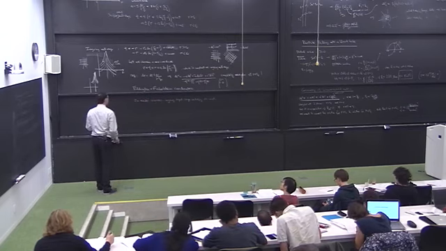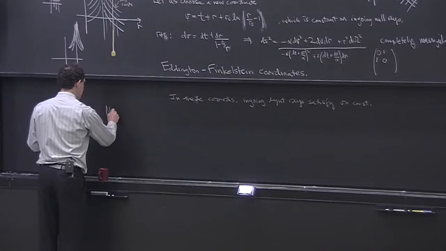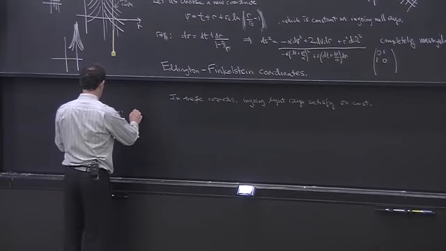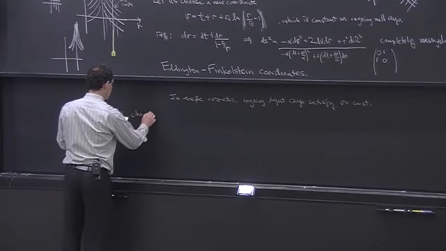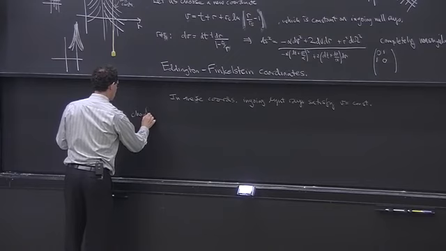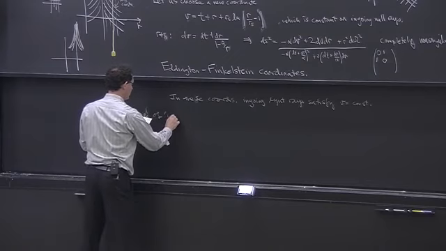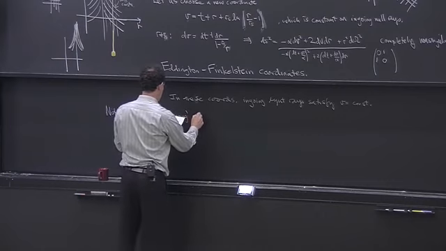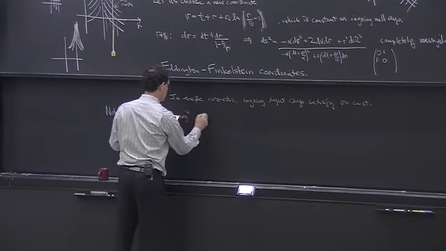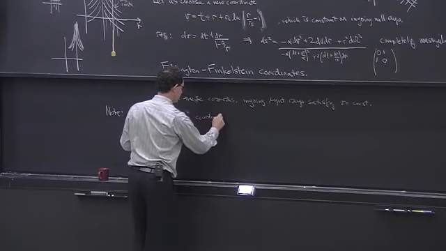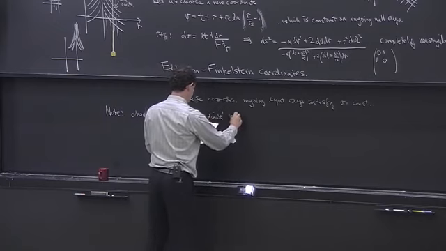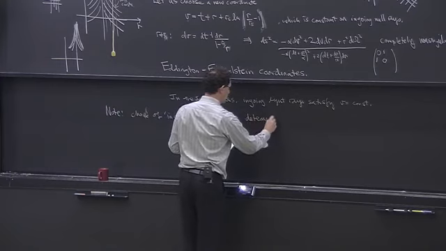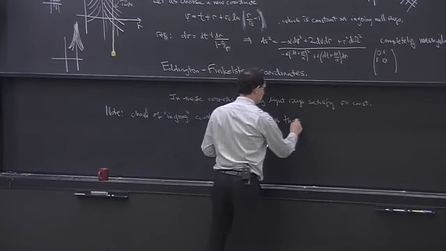Now, note, and this is where things start to get a little worrying about Eddington-Finkelstein coordinates: the choice of ingoing coordinate v determines the direction of time.